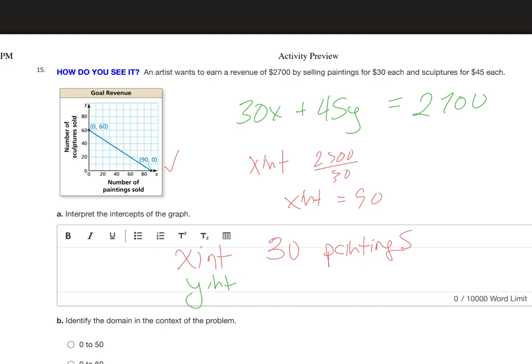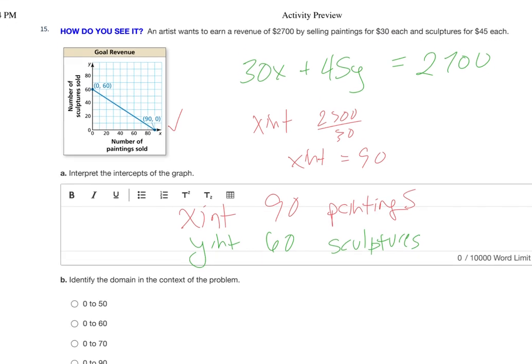So hold up, I should change that. Not 30, but 90. Sorry, I was writing down the dollar amount. 60 sculptures. And that should make sense because sculptures cost more, paintings cost less, right? So that is us interpreting the intercepts.